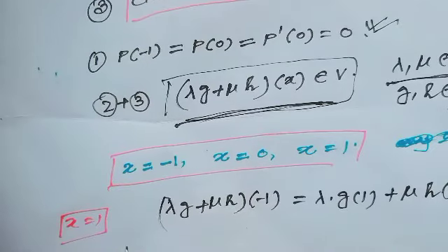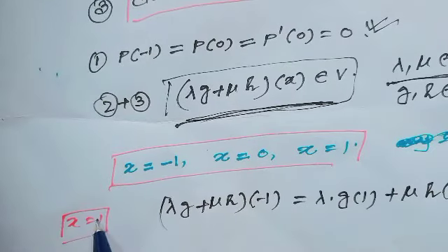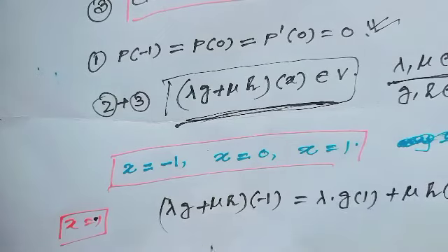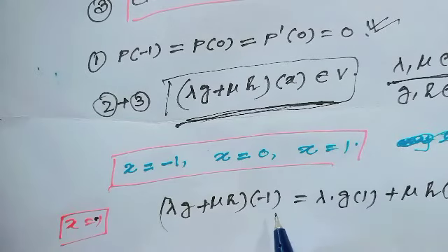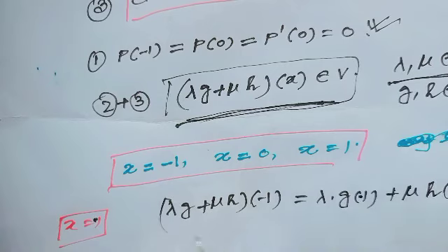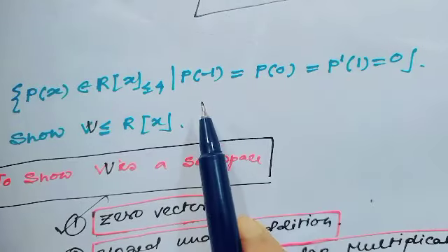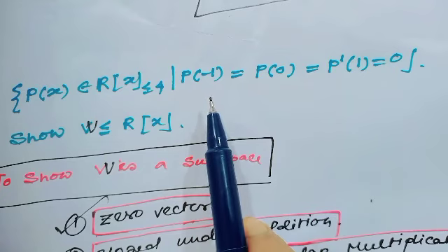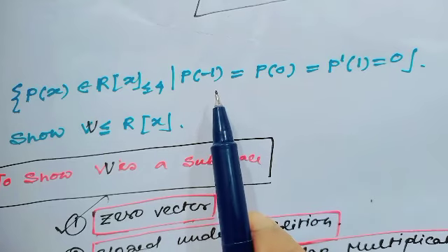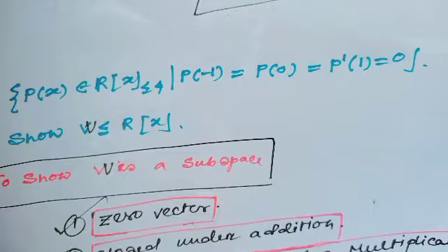At first we consider x equal to minus 1. Then lambda g plus mu h at minus 1 is obviously equal to lambda times g of minus 1 plus mu times h of minus 1. The subspace indicates that the polynomial at the point minus 1 has value 0.